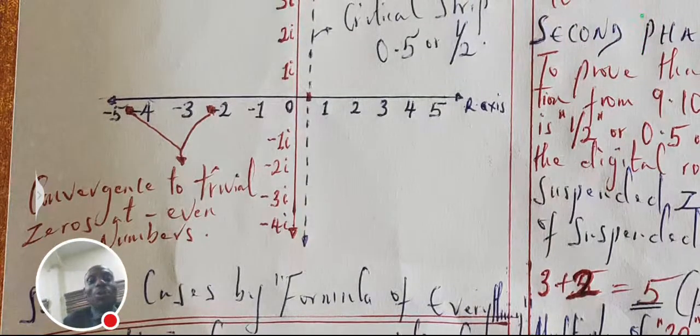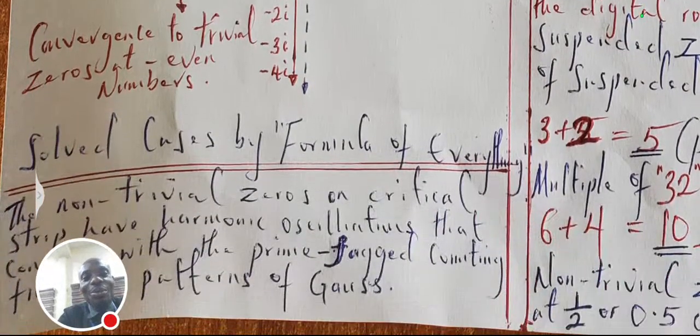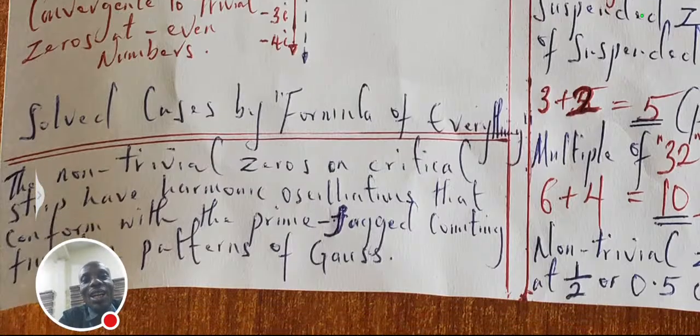So the way this problem is being solved is that, basically, let's look at the solved cases by formula of everything.